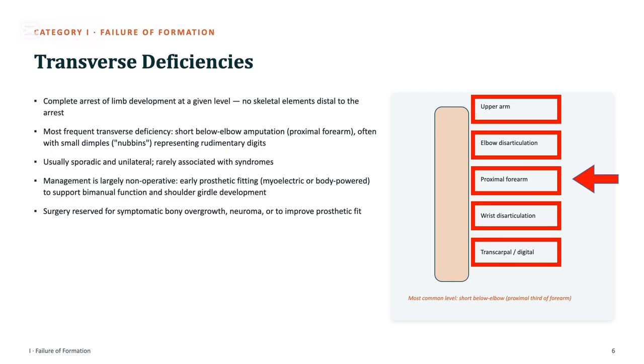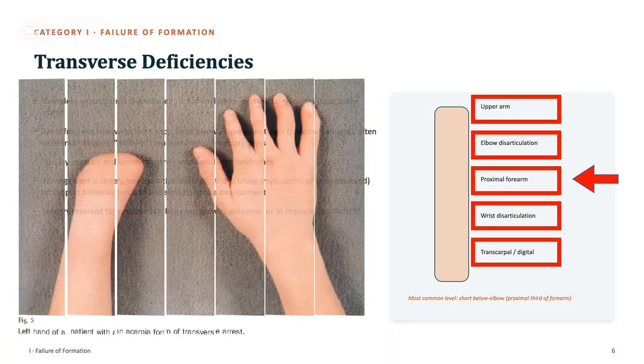Sometimes there are nubbins over the distal part. It's mainly managed by prosthesis, either myoelectric or body powered, and surgery only for neuromas or abnormal bone prominences that may need some shaving.